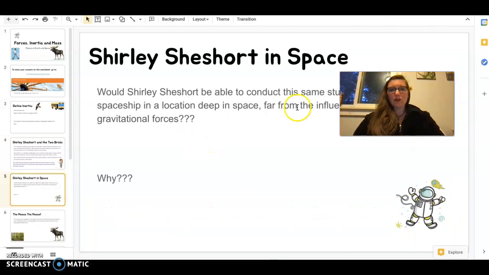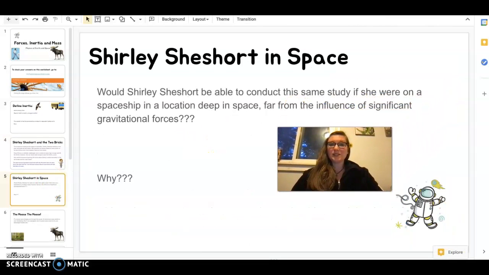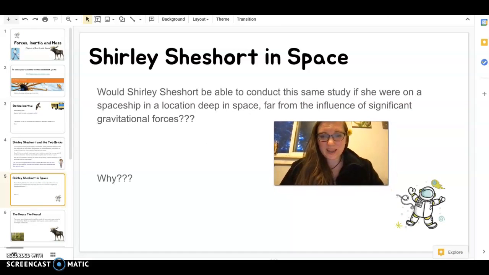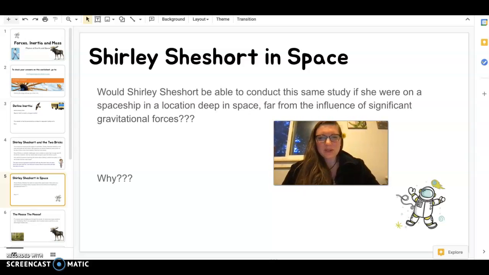Okay, so what if Shirley Sheshort was in space, far away from any large objects that are going to affect her with gravity? Basically, if she's in a situation where there's no gravity, can she conduct the same study? There are two answers there.